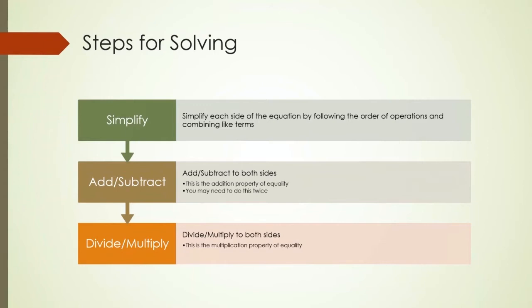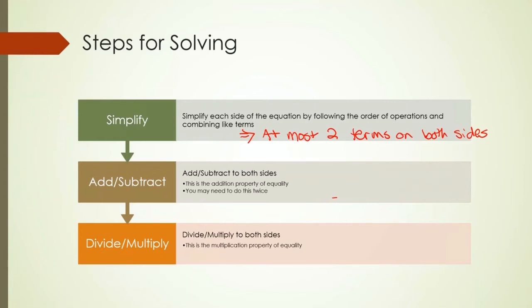Sometimes there's only a variable on one side, sometimes there's only a number on one side, but you need to simplify it down so that you have at most 2 terms on each side. I should say at most, because you could have 1 term on each side. And that's when you've finished simplifying, when you have at most 2 terms on both sides.